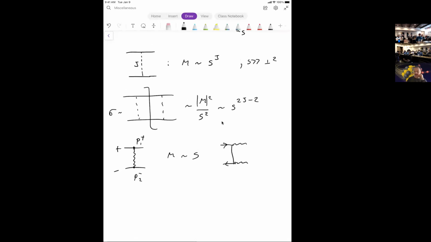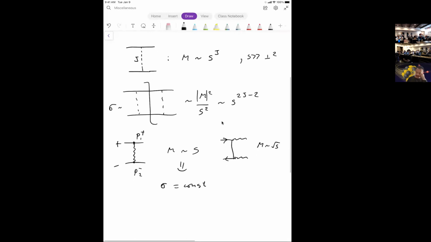The corresponding cross sections are constant in the case of a gluon exchange, and in the case of a quark exchange, the cross section would go as 1 over s, if j is 1/2.